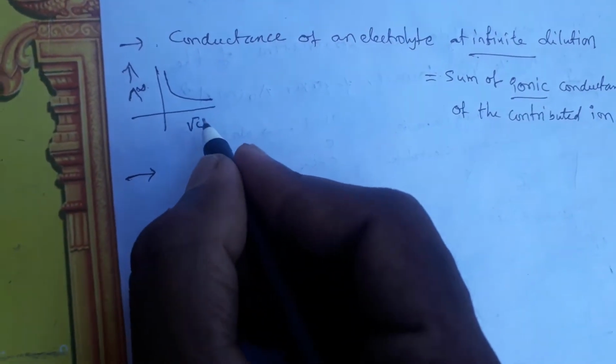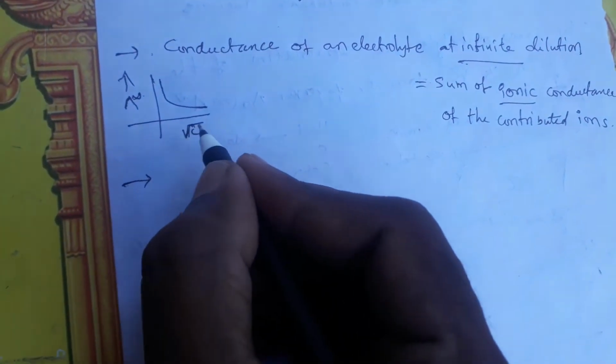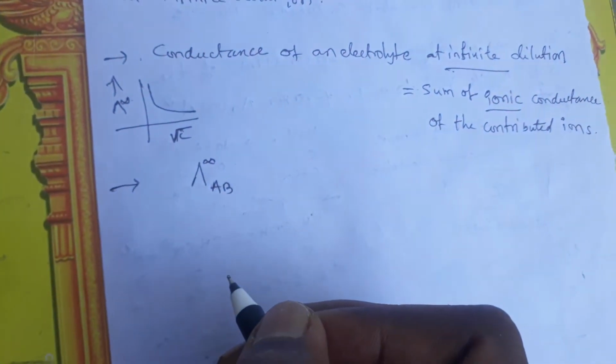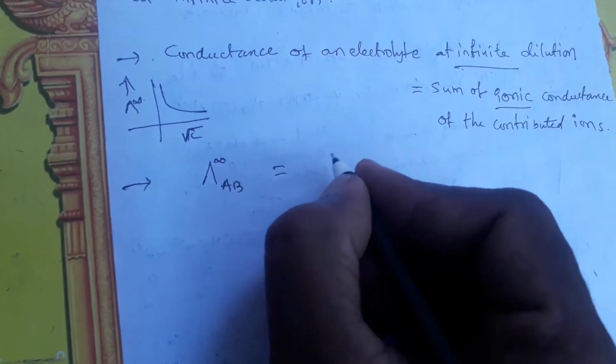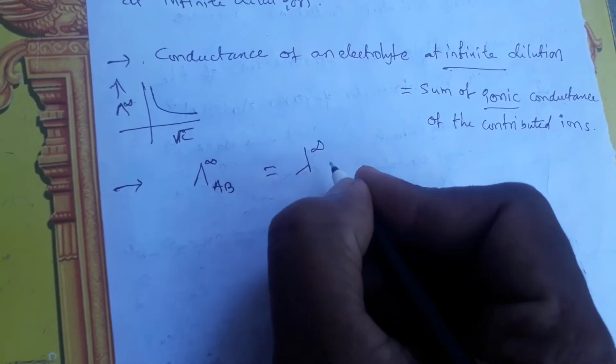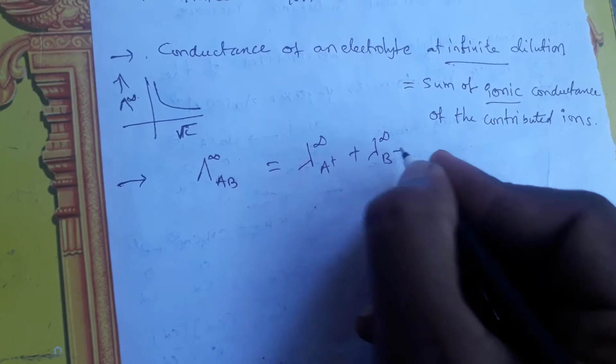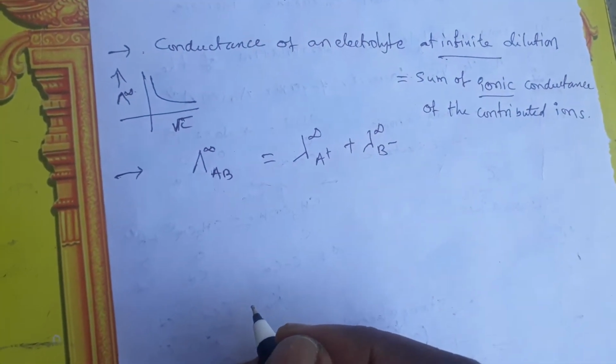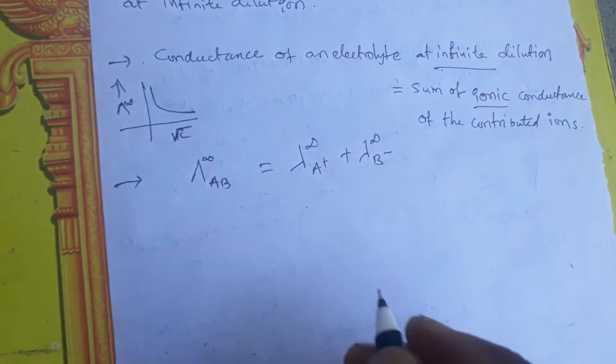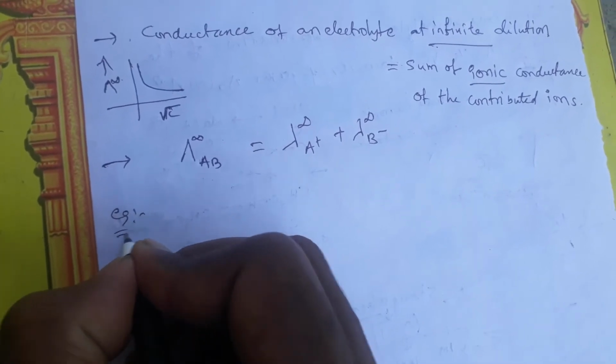So upon dilution, concentration is decreasing, that means conductance is increasing. So it depends on the individual cation and individual anion conductance at infinite dilution.